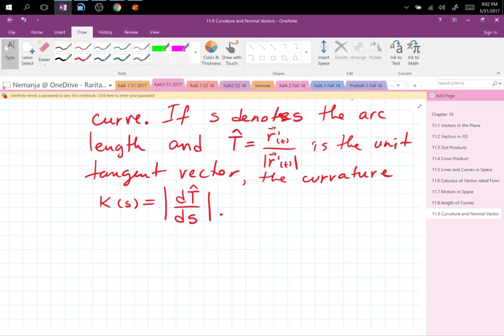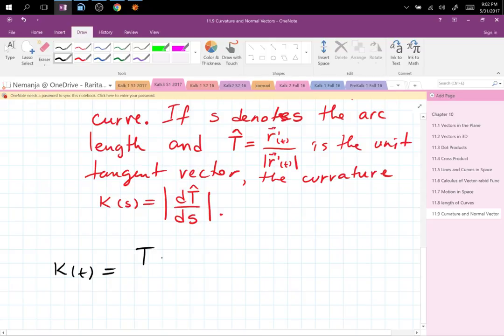It's 2 lines to get from the definition to having curvature expressed in terms of parameter t. That's on page 842 for quick reference.